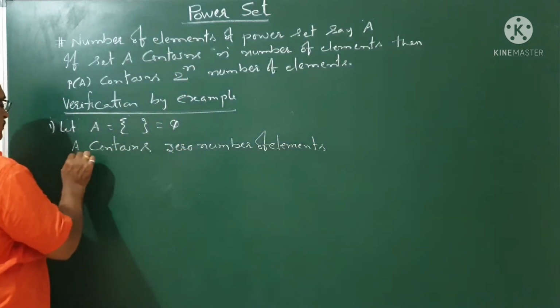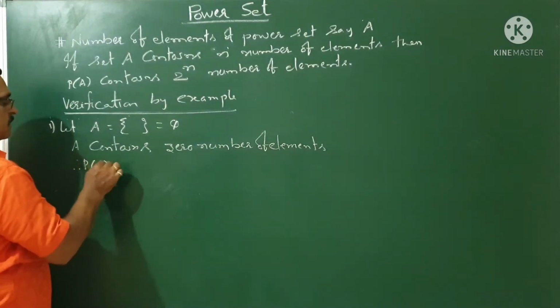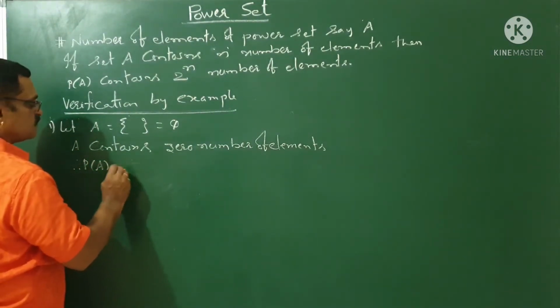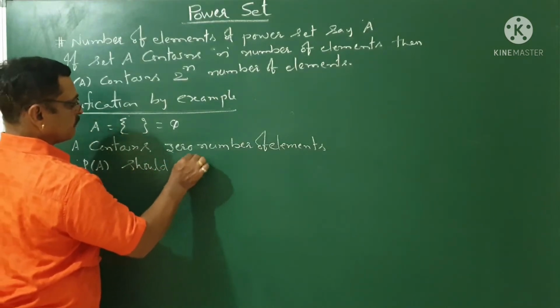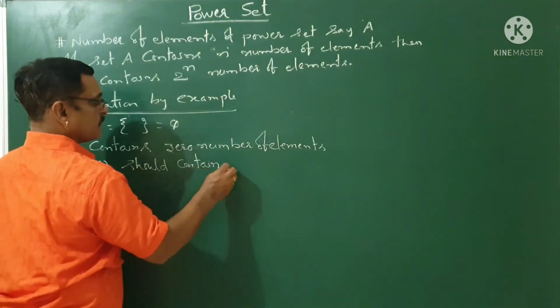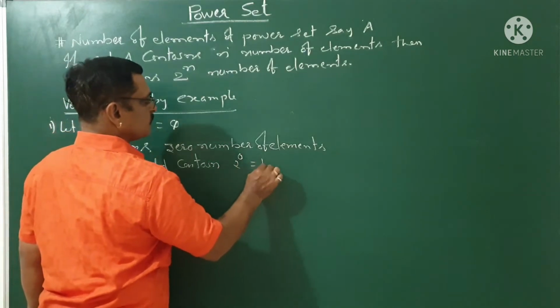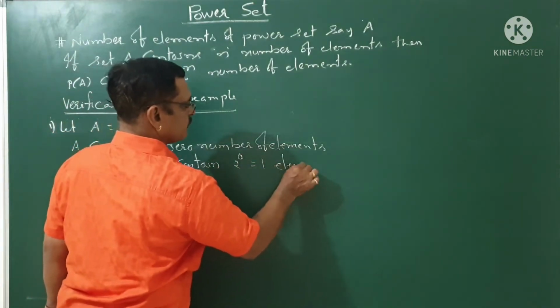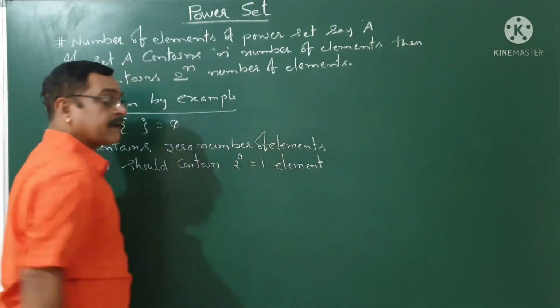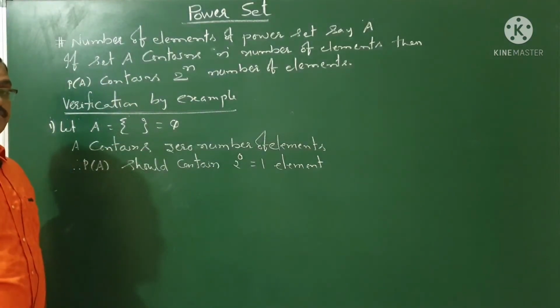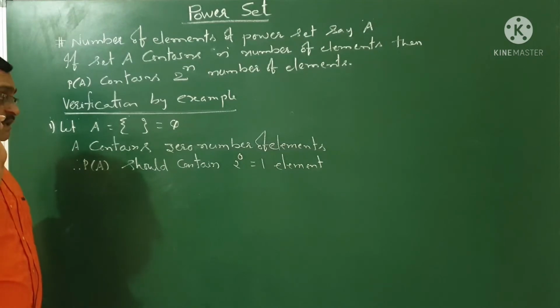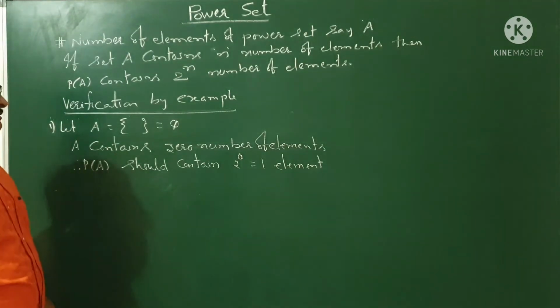Therefore, P of A should contain 2 power 0, that means 1 element. Okay. Theoretically, yes, I proved the empty set has only one element in its power set.